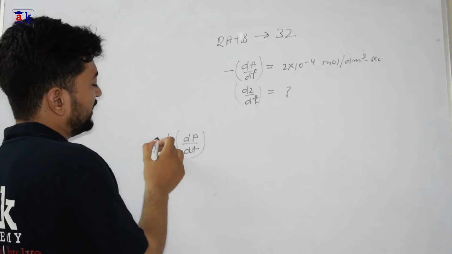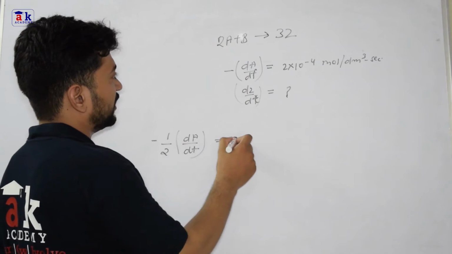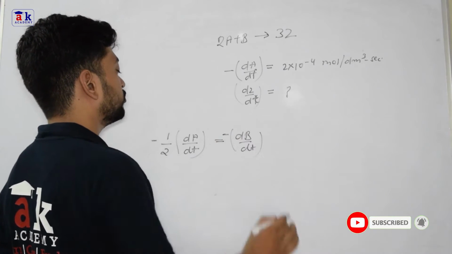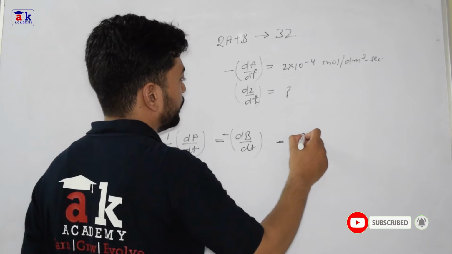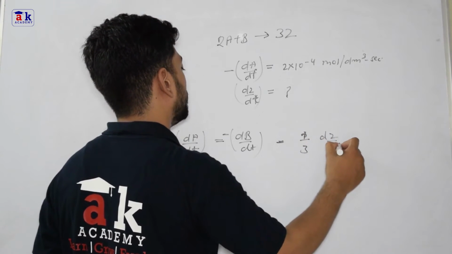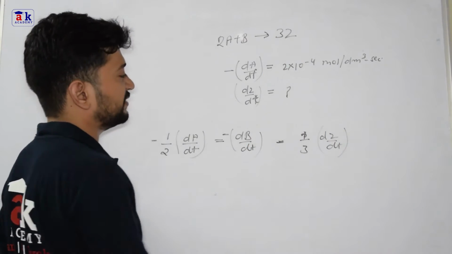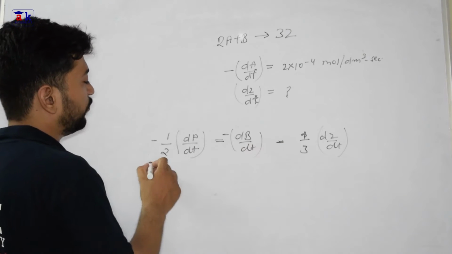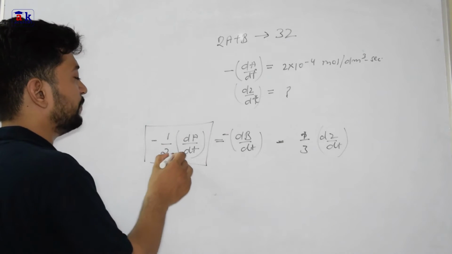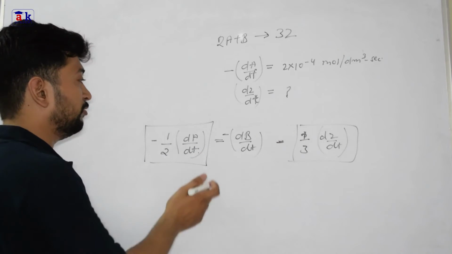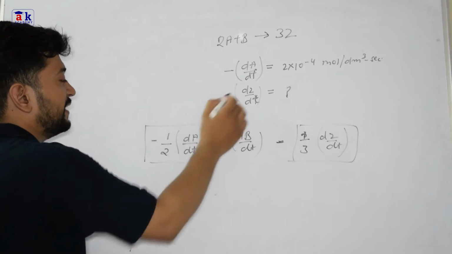So this will become minus 1 by 2 dA by dt is equal to minus dB by dt, which will also have a minus sign, is equal to 1 by 3 dZ by dt, because the concentration of Z is increasing, so we will have a positive sign over here. So the relation we have is minus 1 by 2 dA by dt is equal to 1 by 3 dZ by dt.